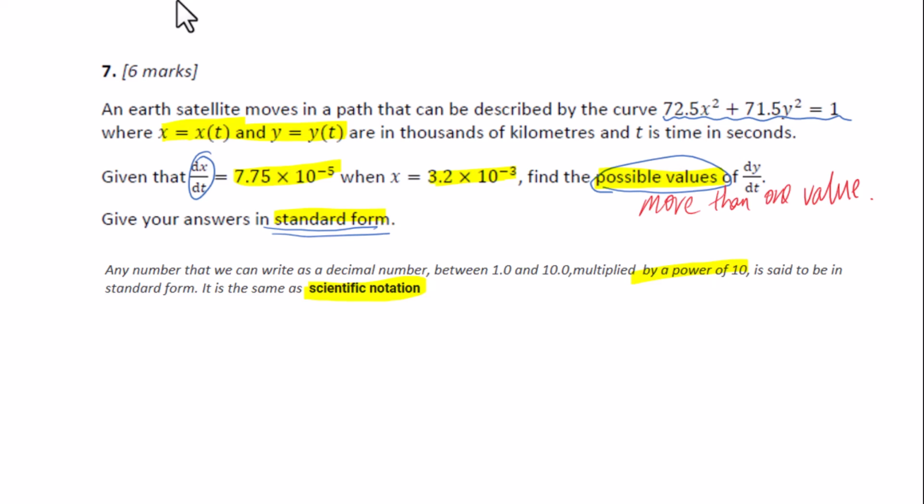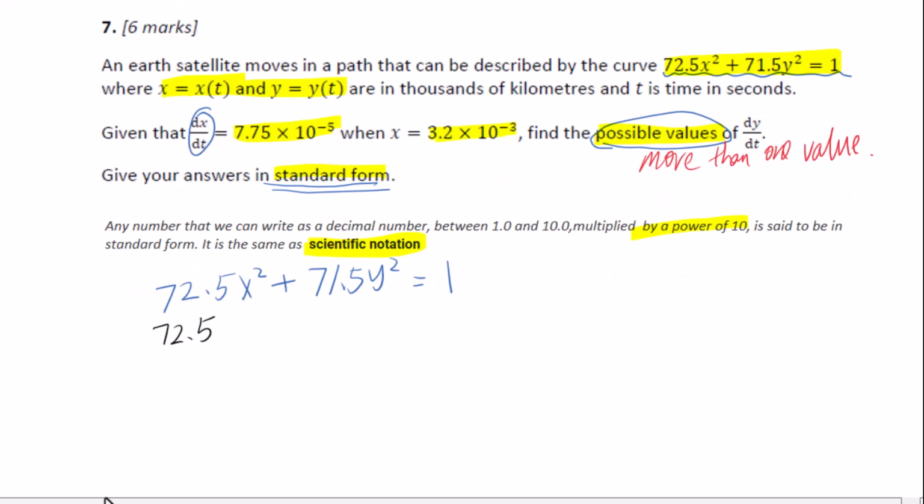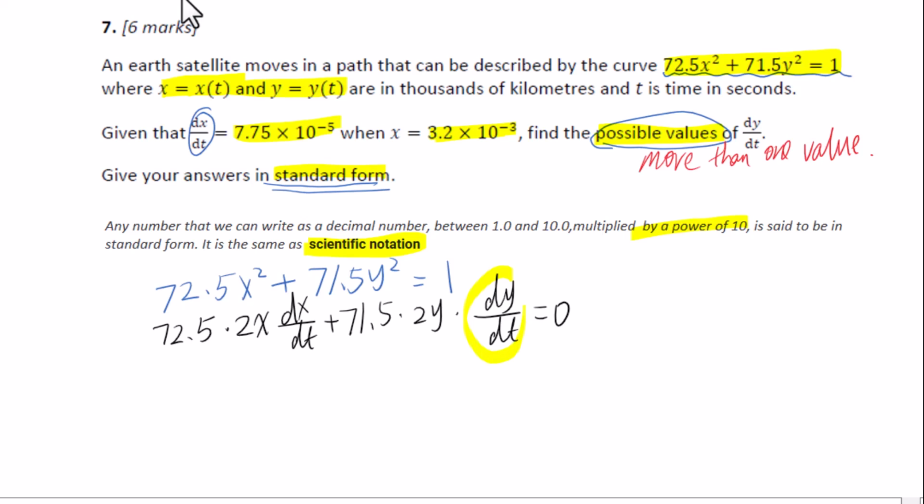We will take a derivative, both sides, with respect to t for this equation. 72.5 times 2x dx by dt plus 71.5 times 2y times dy by dt equals 0.